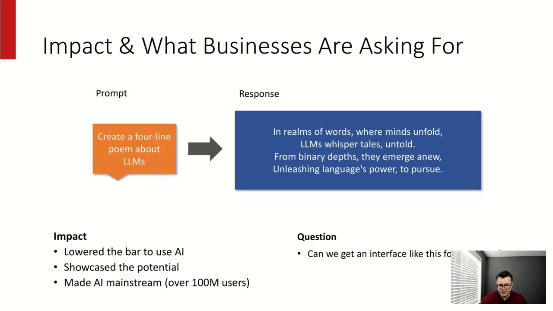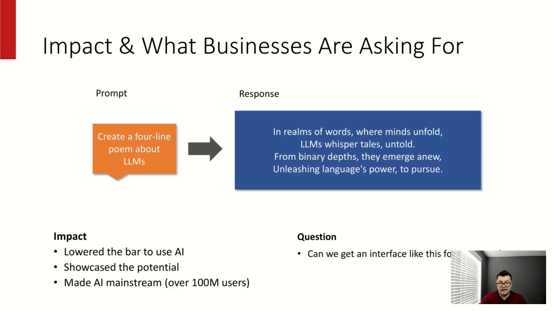But really, if you think about ChatGPT, what it has done is that it has lowered the bar for using AI. So it hasn't really introduced new capabilities, if you will. A lot of these things like summarizing text, translating language, even question answer systems, they were there before. But where before you might need 3 or 4 experts and several weeks of time to get a system together, now anybody, even people that don't really know AI, could just ask in plain English and they get something that works.